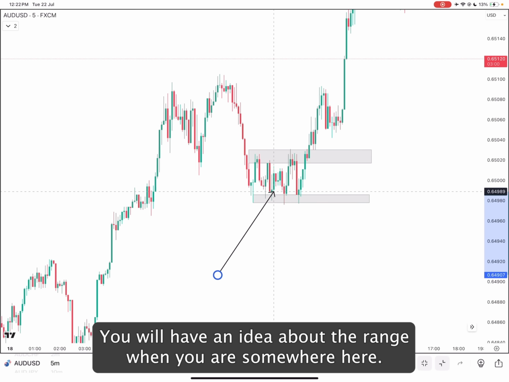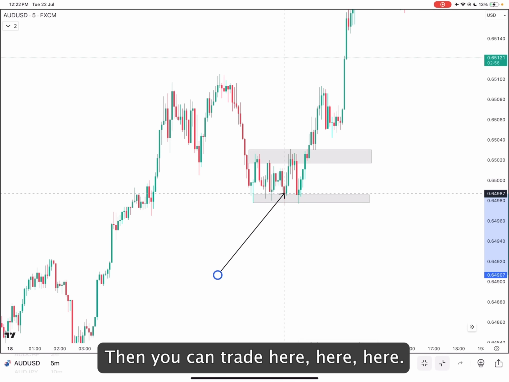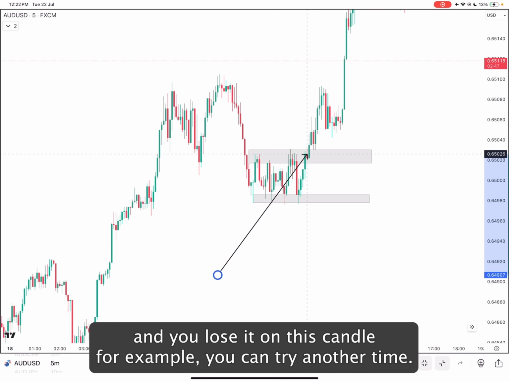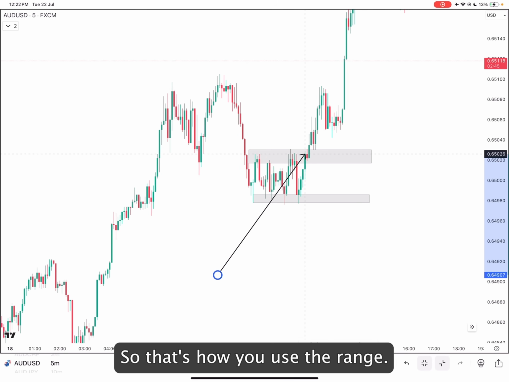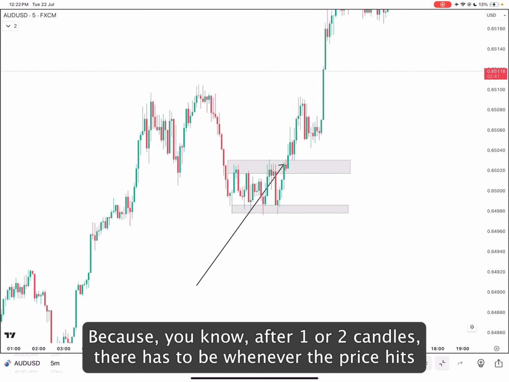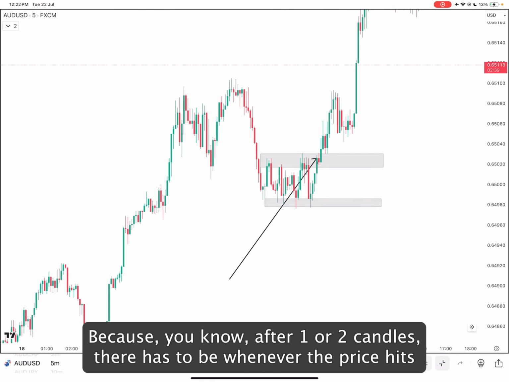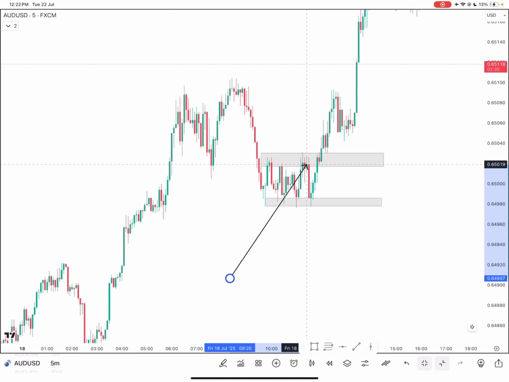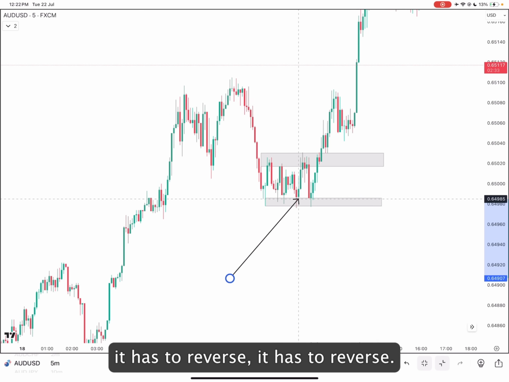You will have an idea about the range when you are somewhere here, okay? Then you can trade here, here, here, and even if the candle becomes green here and you lose on this candle, for example, you can try another time. So that's how you use the range, because after one or two candles, whenever the price hits the support or the resistance, it has to reverse.